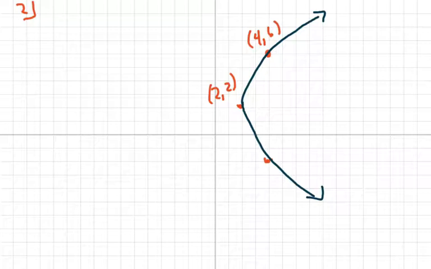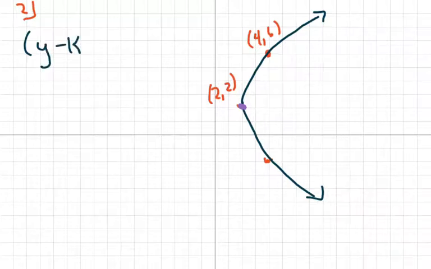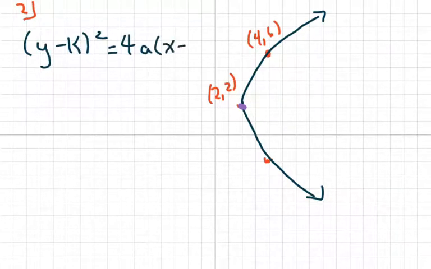But in this case our vertex is at 2, 2. So for my standard form, I'm going to put the y here: y minus k squared equals 4a times x minus h. Now I plug in all my information.